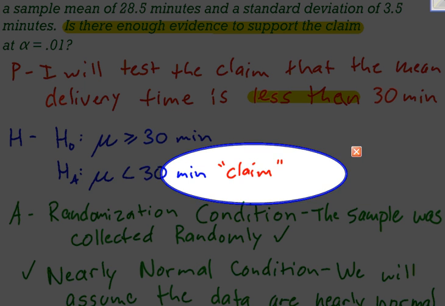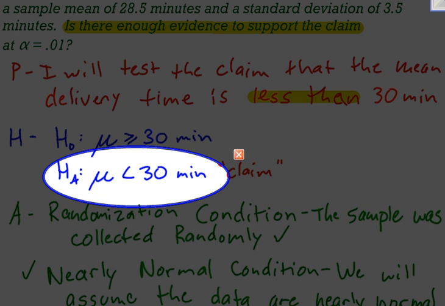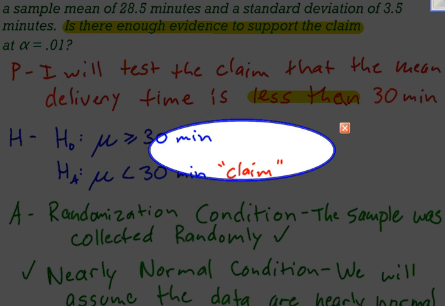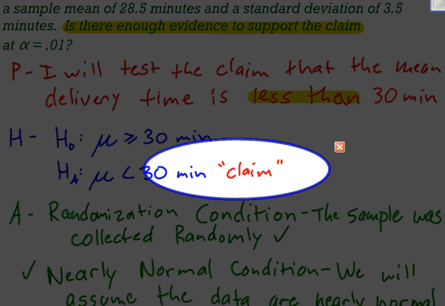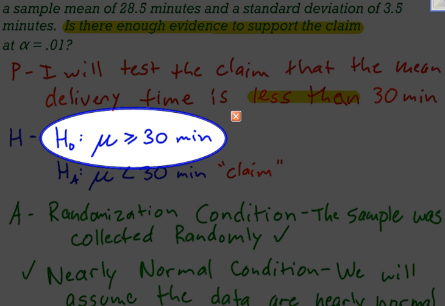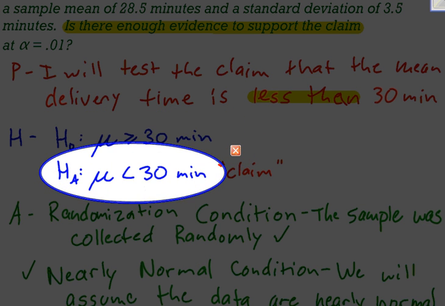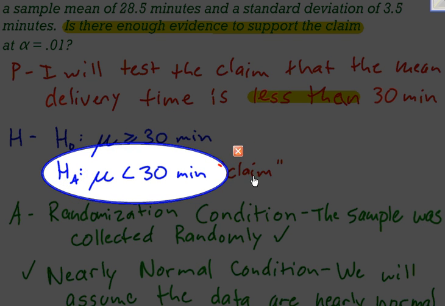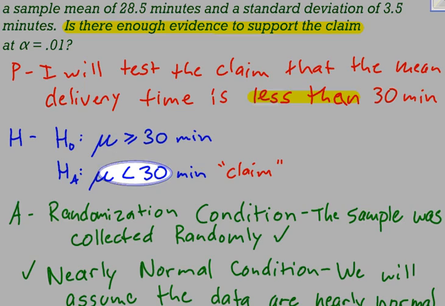The claim is the alternative hypothesis. So is there enough evidence to support the claim? Yes, there is enough evidence to support the claim. I'm rejecting the null, which means I support the alternative, and the claim is the alternative. So yes, there is enough evidence to support the claim that the mean delivery time is less than 30 minutes.